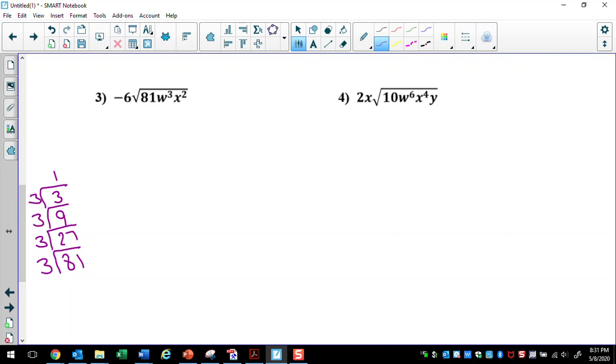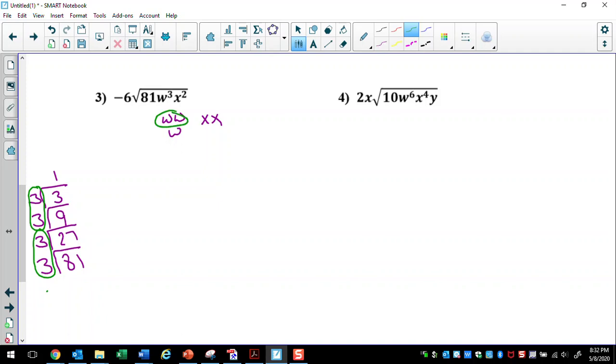And then I can break down my variables. So W, so 2 and 3, and then I have 2 x's. So now we can find all of our pairs. So I have a pair of 3's and another pair of 3's. And you're going to notice I have no numbers on the side left over. That's because 81 is a perfect square.